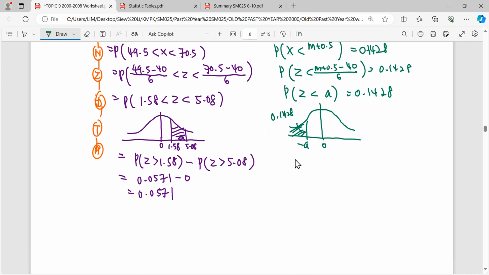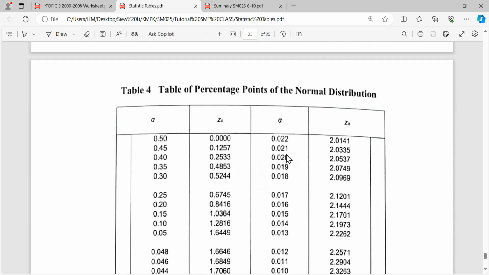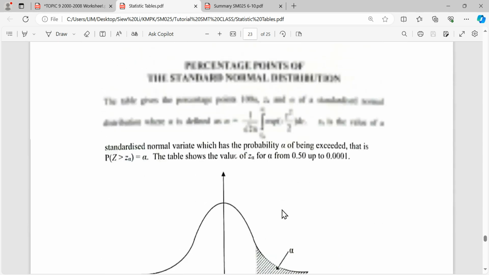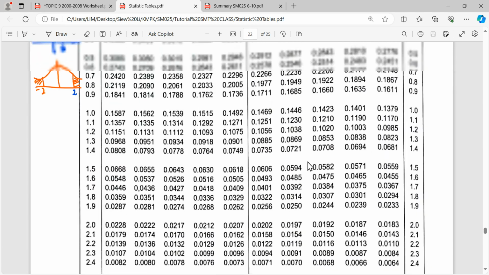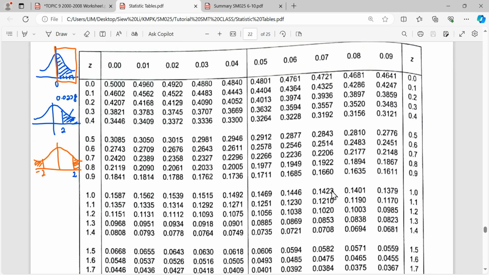So to read from the table, we are going to read a to get 0.1428. 0.1428 won't appear in the table exactly, so you have to find in between. 0.1423 is the nearest, so it will be reading 1.07.